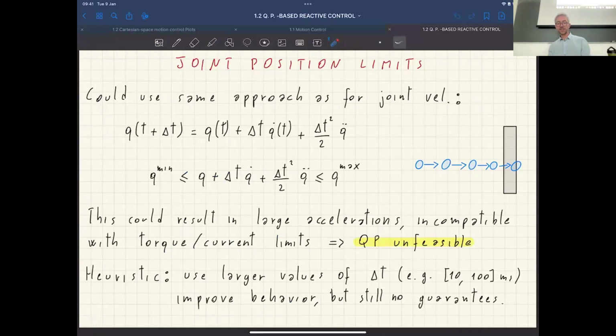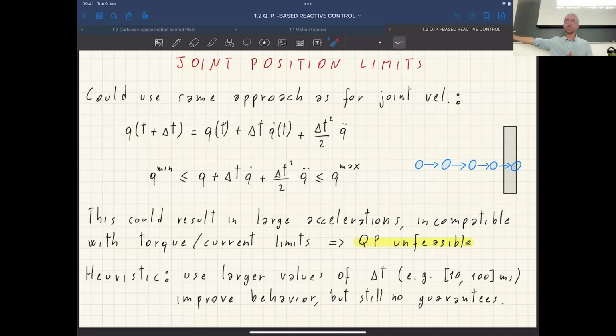Now, a small parenthesis on joint position limits. Actually, not so small. I want to give this some time because I think it's important and we're going to come back to this later. You've noticed that before I only covered joint velocity limits, but of course, every robot also has joint position limits.